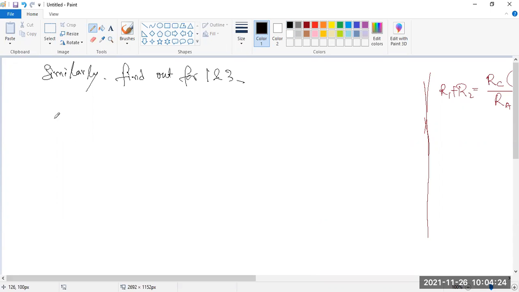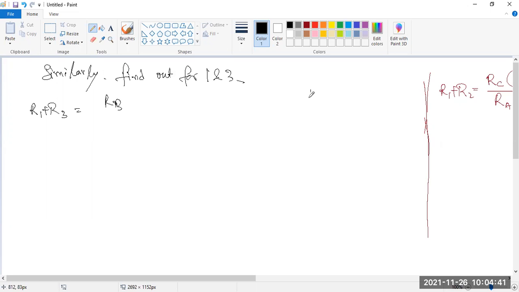So look, R1 plus R2 is given. Similarly, we can get R1 plus R3 also. Which one will we get? Just RB. Why is this RB?